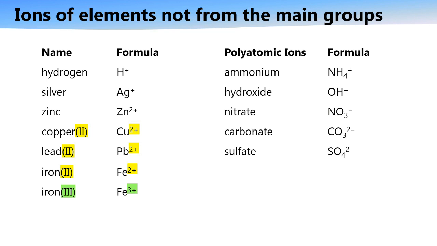We have nitrate, NO3, 1 N and 3 oxygen attached together for a charge of -1. We also have carbonate, CO3, with a total charge of 2-, and sulfate, SO4, attached together with a total charge of 2-.